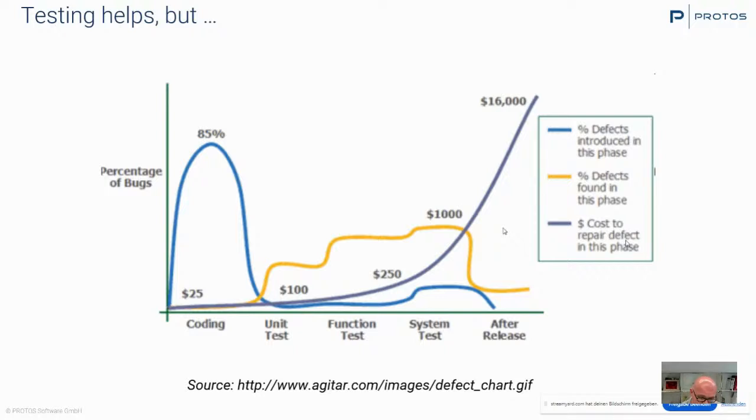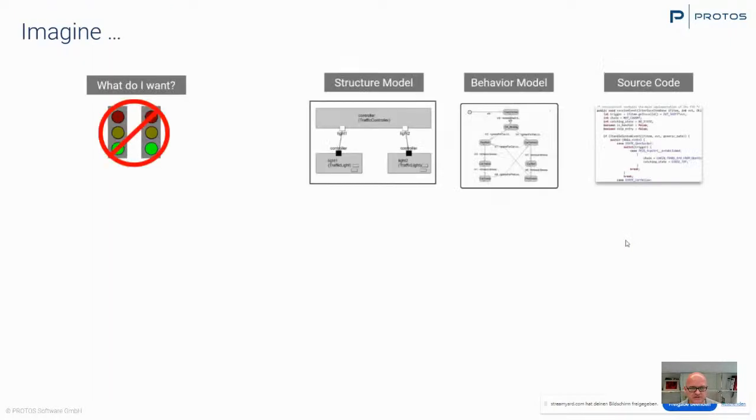So even for non-safety and security relevant systems, you still have the cost problem if you detect an error very late in the process. Just one more aspect here. So now imagine you have a specification and you have source code, structure models, behavior models, whatever it is.